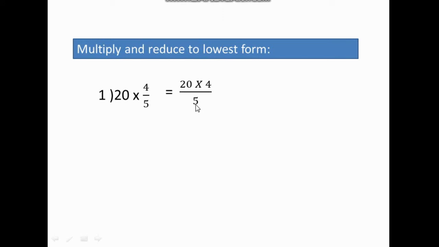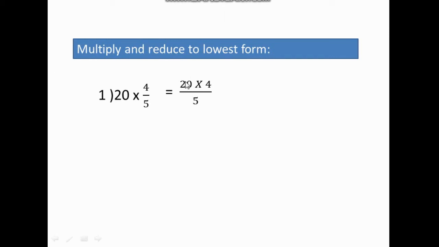The numerator is 20 and the denominator is 5. 20 and 5 have a common factor. That is, these two are divisible by 5. So you can divide by 5.